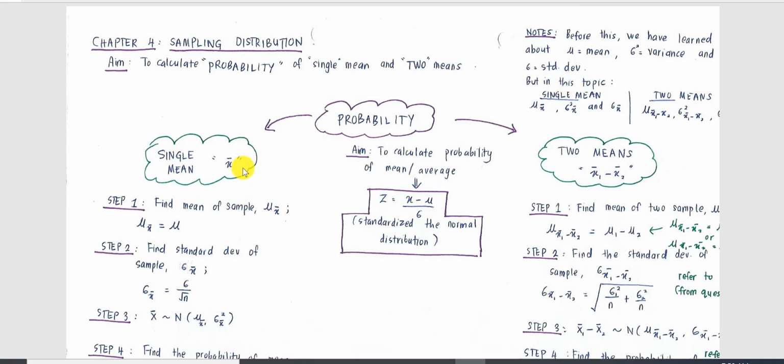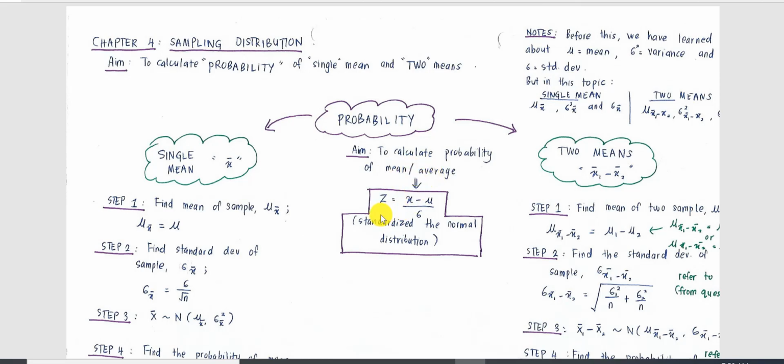Now, we know that the aim of this chapter is to calculate the probability of the mean, also the average. We already calculated the probability in chapter 1 and chapter 2. But for this chapter, we want to calculate the probability of the mean or the average.